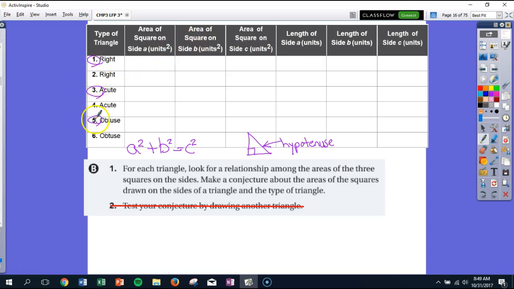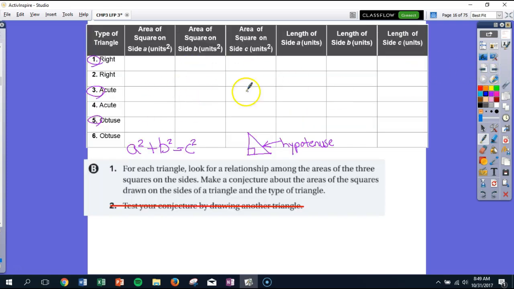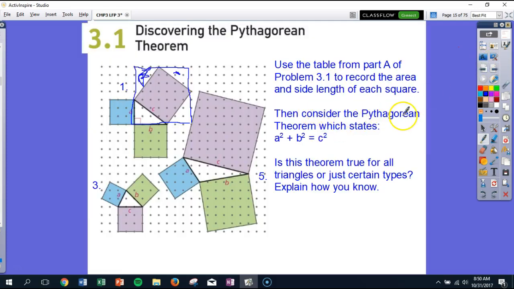We have numbers 1, 3, and 5 circled here. This is number 1, this is number 3, and this is number 5, to help you get used to acute and obtuse definitions. After you have this table completely filled out for 1, 3, and 5, I want you to consider the Pythagorean theorem, which states that a squared, meaning the length of side A squared, plus the length of side B squared equals the length of side C squared.